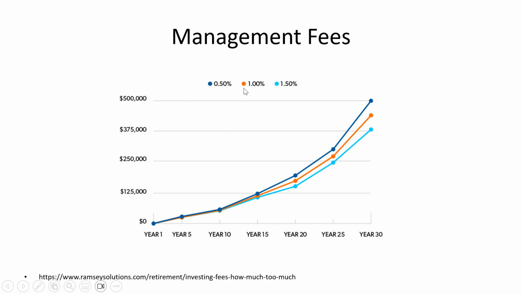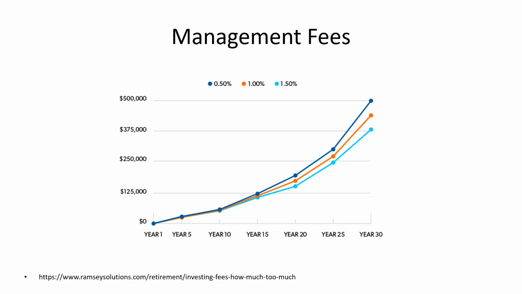If you're paying 1%, it seems like such a tiny difference. Just 1% difference between 0.5% and 1.5%, but it means the difference between having $375,000 at the end versus having $500,000 at the end. So these management fees, you just need to be relentless in finding good investments that offer the lowest fees.